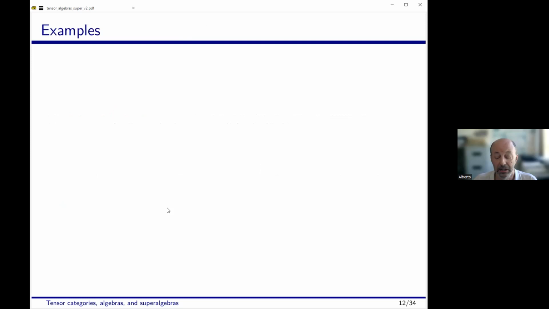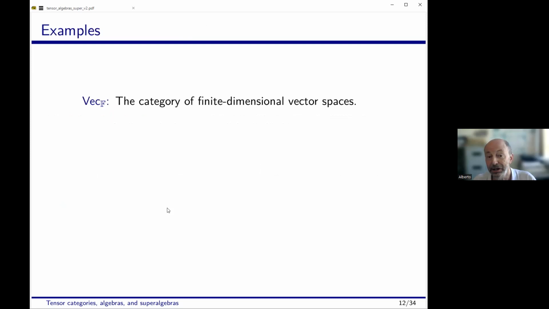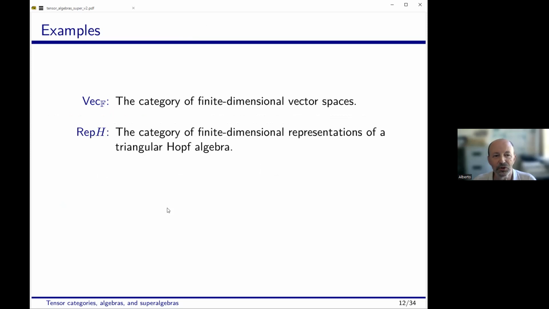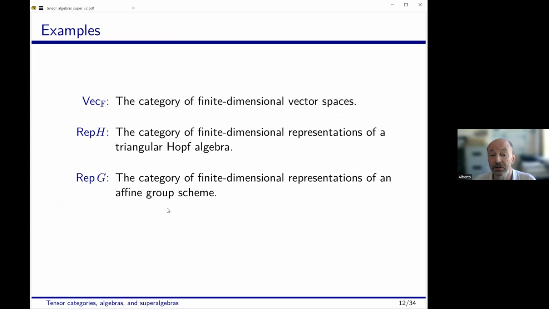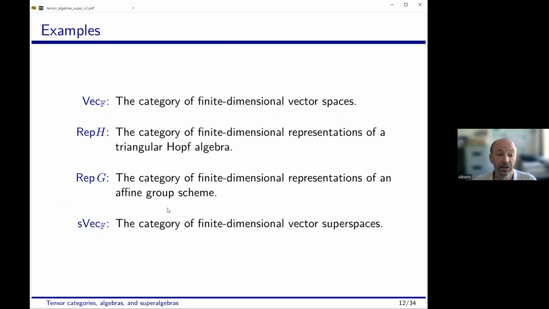So as examples, well, the category of finite dimensional vector spaces. This is the most natural one. The category of finite dimensional representations of a triangular Hopf algebra, or the category of finite dimensional representations of an affine group scheme. In particular, if you take constant affine group schemes, you can take the representations of a constant group, the corresponding category, or the category of finite dimensional vector superspaces.